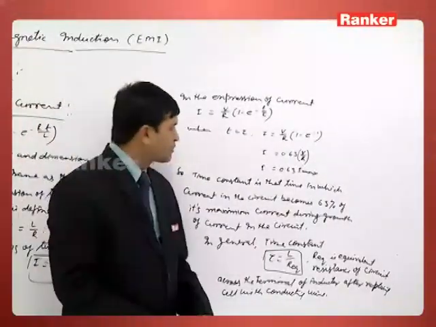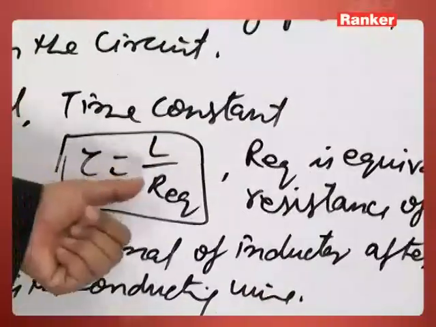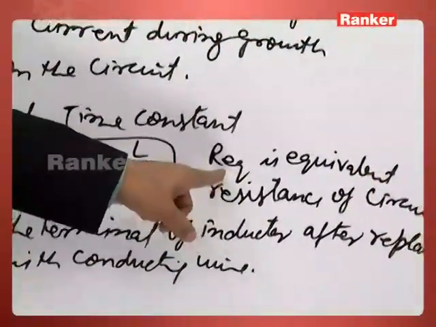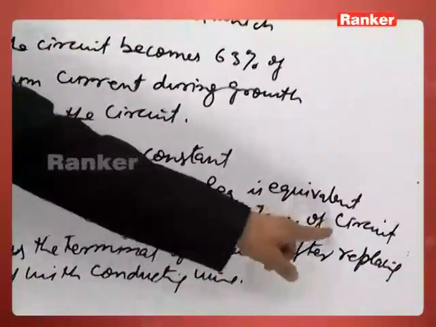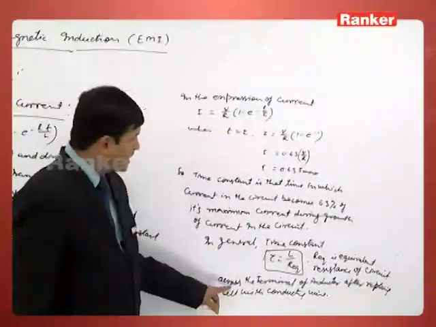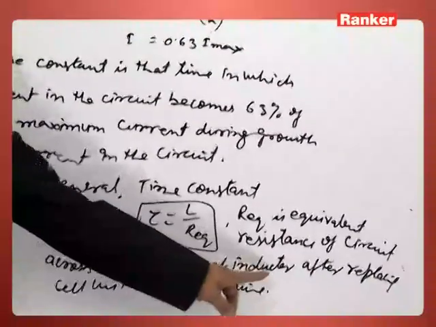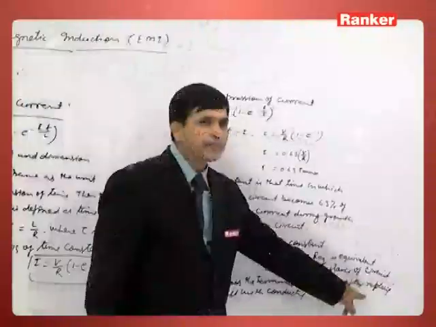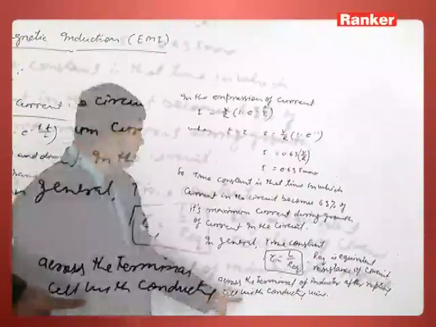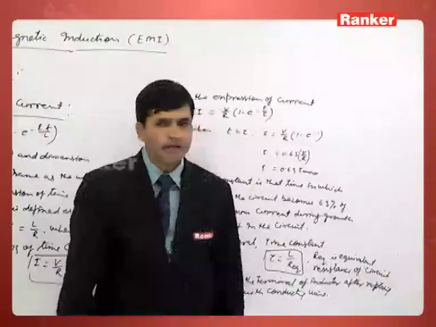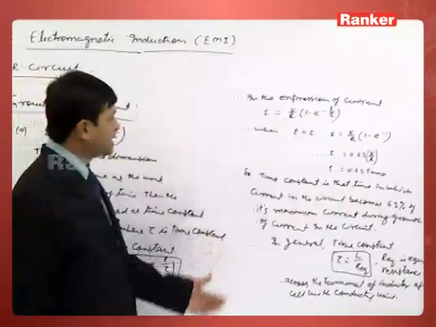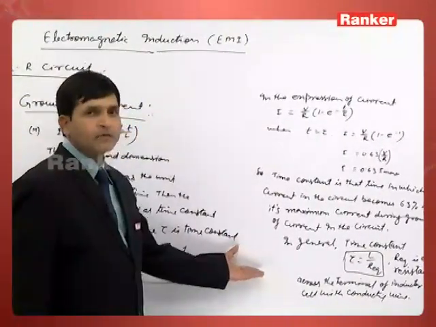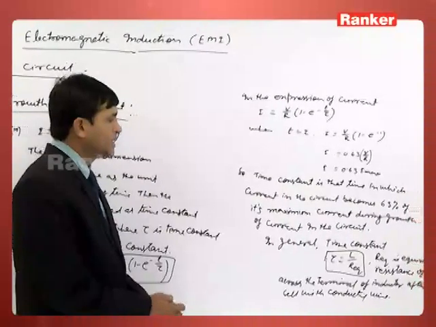So how to calculate the R equivalent? As defined here, R equivalent is the equivalent resistance of a circuit across the terminals of an inductor after replacing the cell with a conducting wire. So just see one example, from that you may get a better idea how to calculate the R equivalent.